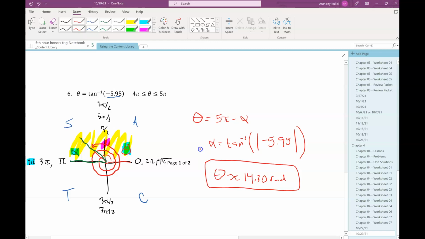Does that feel okay? Yeah, that makes a lot of sense. The way that I've shown you here in class, you can do it the exact same way for all of these, which is nice.